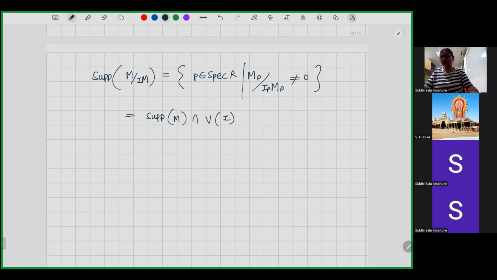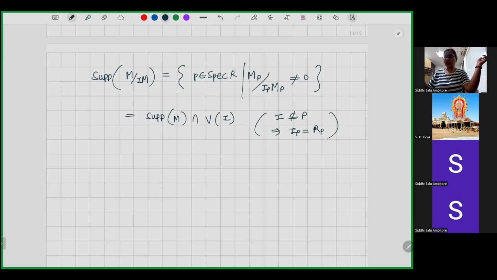So when will this be non-zero? If I have this, then this I_P will be R_P, right? The argument which we gave last time. When I have localization, that ideal should not be intersecting with my prime ideal.